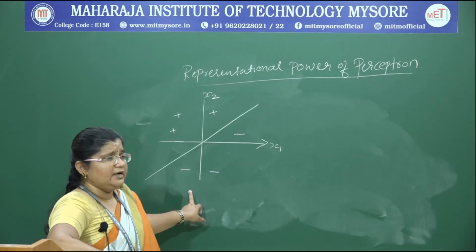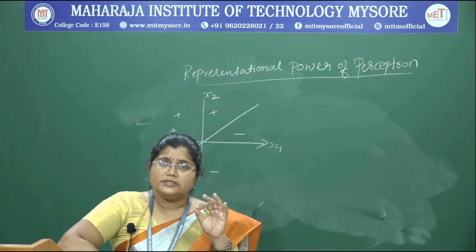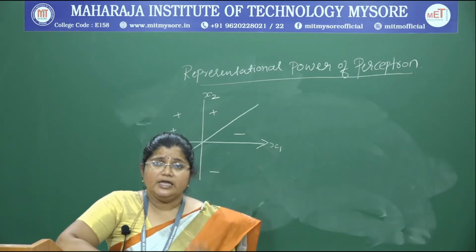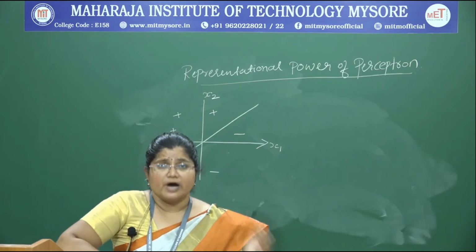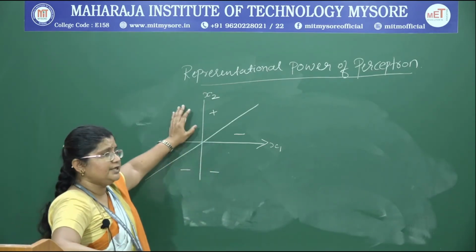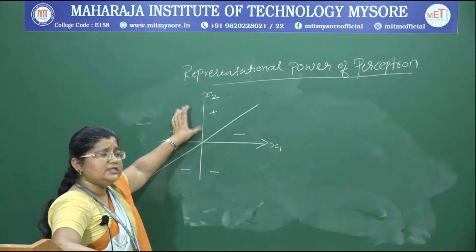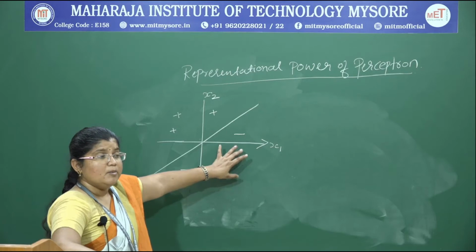Now we can say that a perceptron is going to represent a particular value: if an instance lies on one part of the surface, it predicts it as a positive instance. Otherwise, it predicts it as a negative instance.